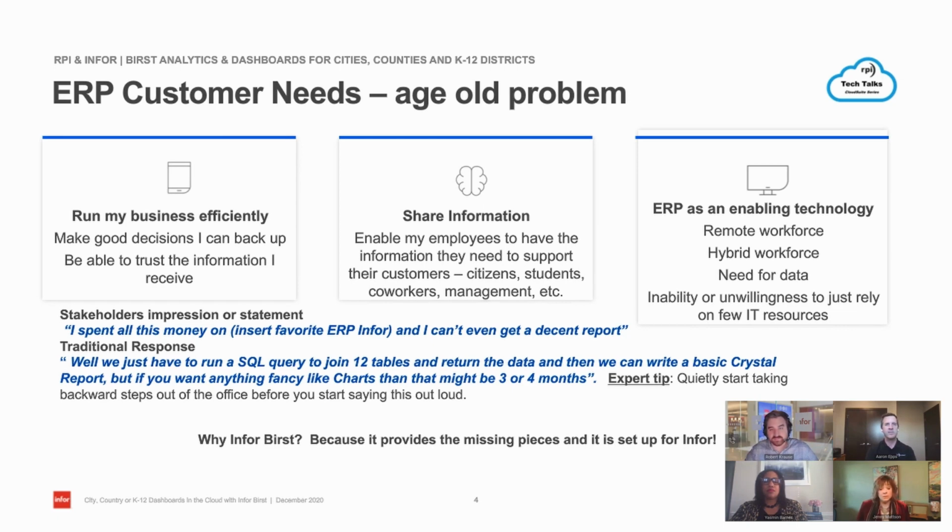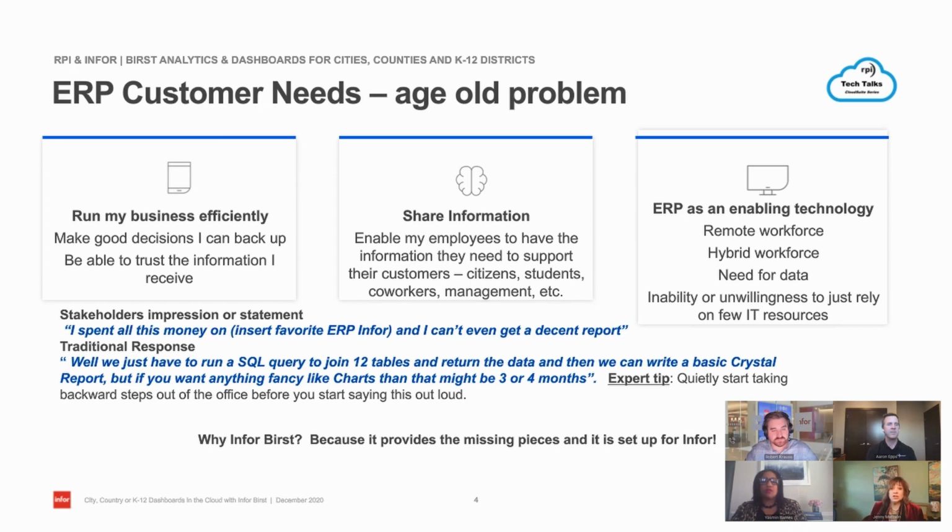ERP is supposed to help me do that. I want to be able to make good decisions I can back up and be able to trust the information I receive. And sometimes I'm running multiple systems and the data isn't up to date, or my employees are looking at something online that doesn't show truly how they were compensated, and how can we solve that problem.